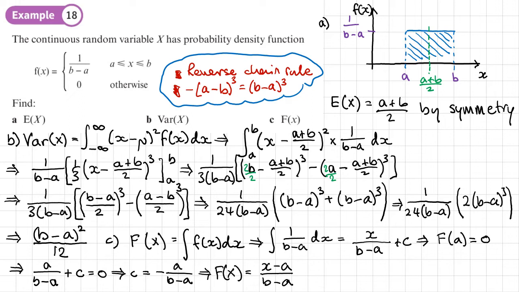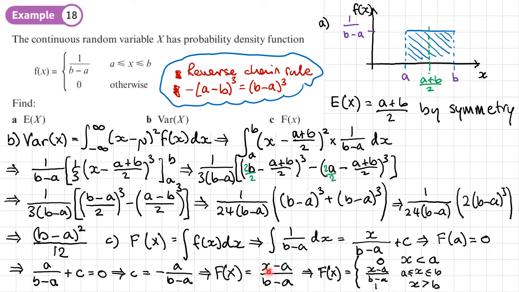Then the last step is just to write out the full distribution. So there's a cumulative probability of 0 when x is less than a, so over this side. Between a and b, the cumulative probability is given by this. That's what we've just worked out. And then the cumulative probability is 1 when x is greater than b.